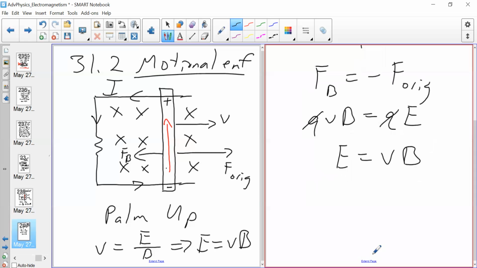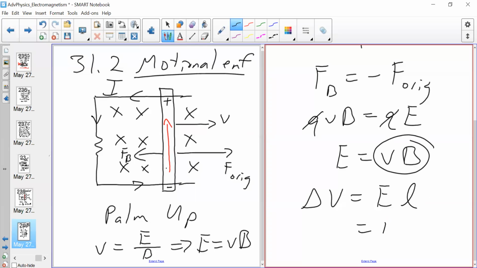Still within the wire, there's a voltage difference, a difference of potential, positive to negative. We know by first principles that the voltage is equal to the electric field times the distance, being the length of the wire, the bar. And from this principle, we know that that's going to be equal to B times L times V. That's what's going on inside of the wire.